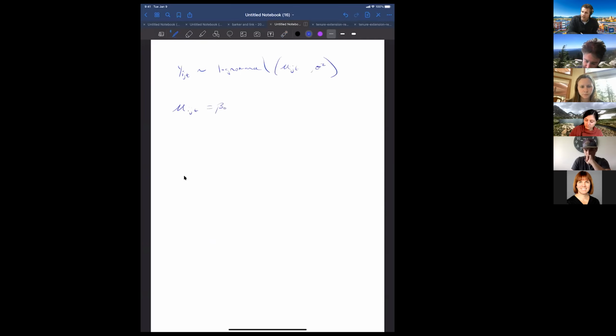We have an overall average, beta 0, or if we have categories, it represents a baseline category, plus beta 1 times flow, stream flow. We'll call X1 stream flow. Plus beta 2 times X2, and these have IJT on them. X2 is going to be, let's say, fall.